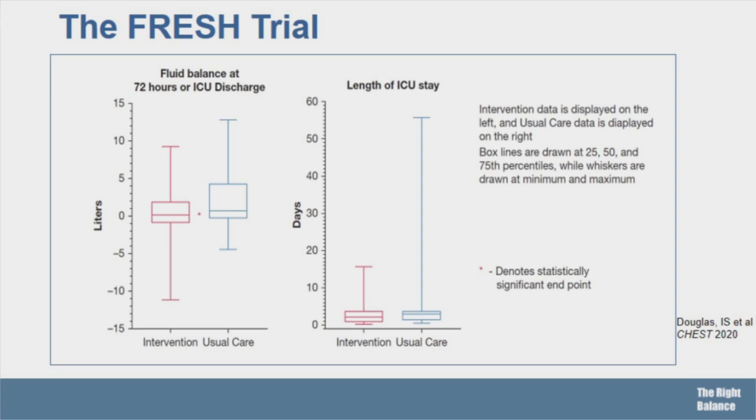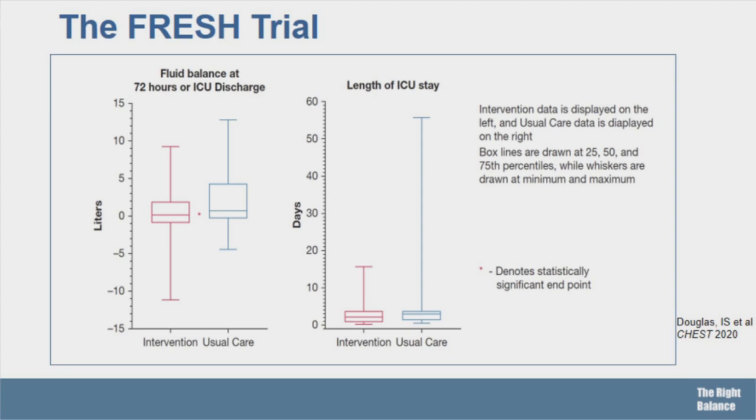When you're looking at the red lines, that's usual care, and the blue lines, the red lines are intervention, and the blue lines are usual care. So when we look at fluid balance at 72 hours after admission into the hospital, what you actually could see that you used much less fluid, but of course with a standard deviation, than usual care.